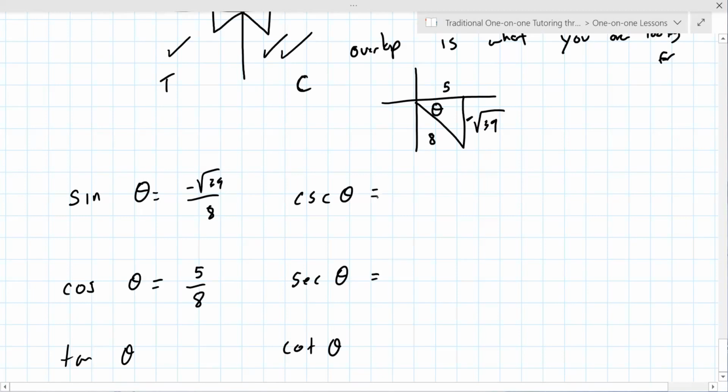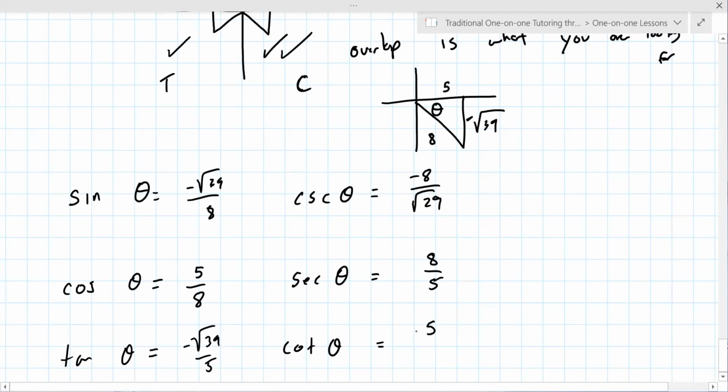Okay, and then again, you can flip these. So secant theta is 8/5, cosecant theta is minus 8 over square root of 39. And then tangent theta is opposite over adjacent, minus square root 39 over 5.